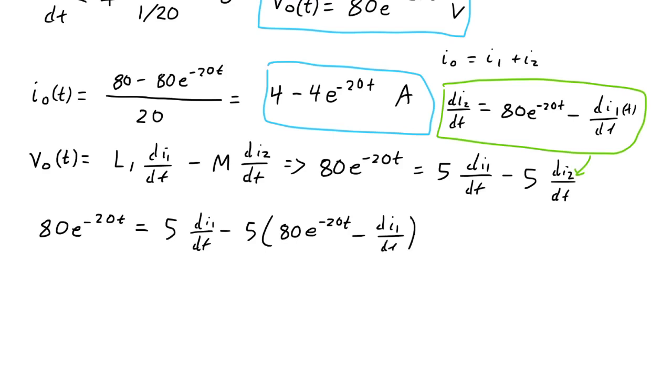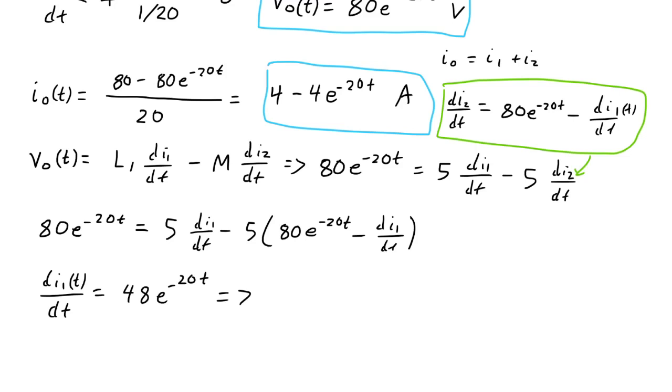Simplify this out, we're going to get, let's see, 480 divided by 10. Yeah. So this is going to end up being that di1/dt equals 48 e to the minus 20t.